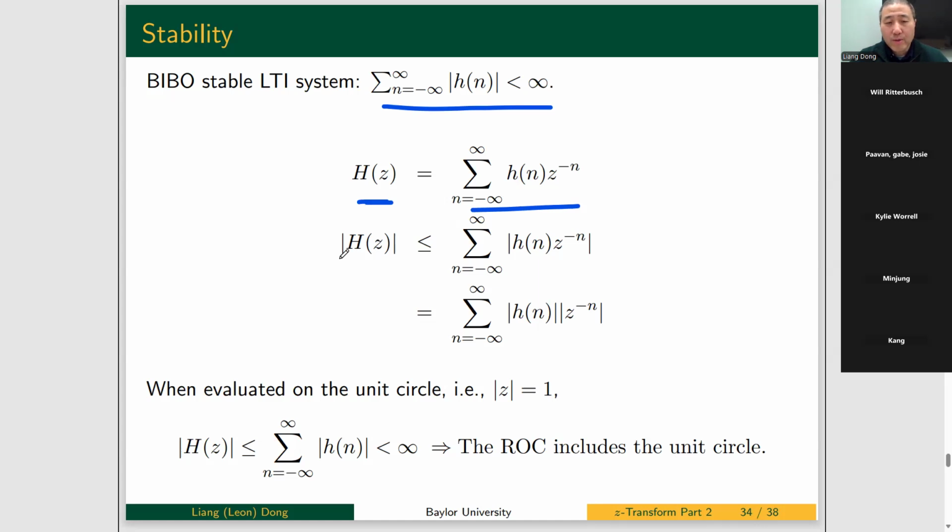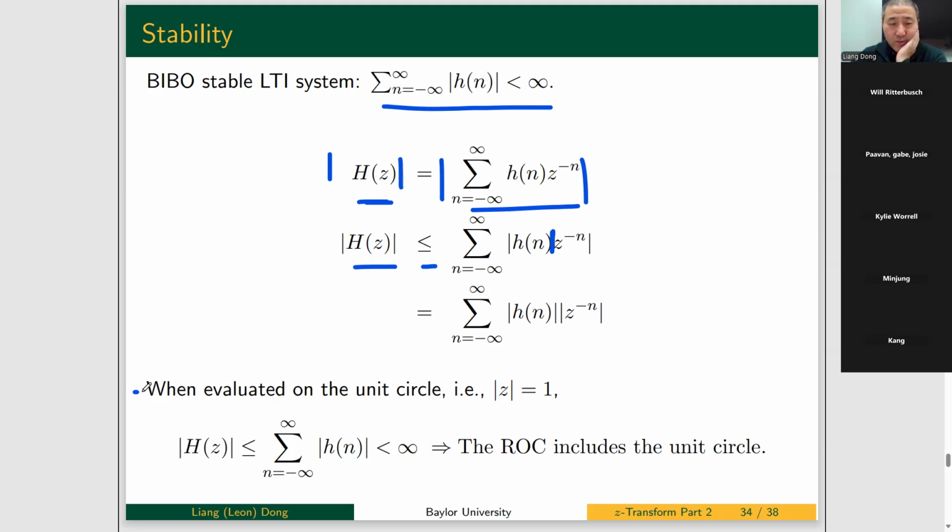And then I check with the absolute value of H(z), because I want to make sure this entire thing is stable, in the region of convergence. So I put in an absolute value here, then you put the absolute value inside the summation, so you have a less than or equal to this. And then you make these two equal. Now we did that before.